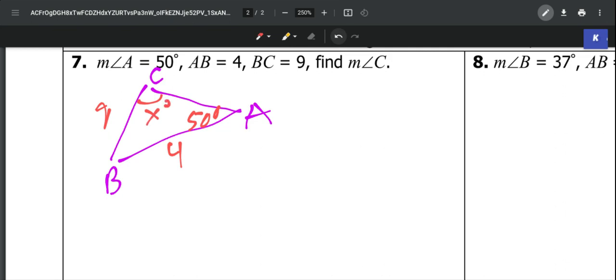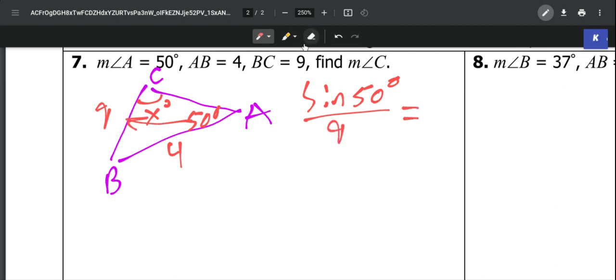So we're going to set up our law of sines proportion, except now instead of having a side left out, we have this angle left out, but we can do it the exact same way. The first thing we'll do is say sine of 50 degrees over the opposite side, which is 9.